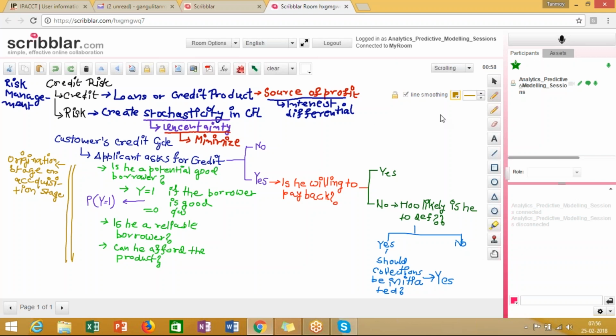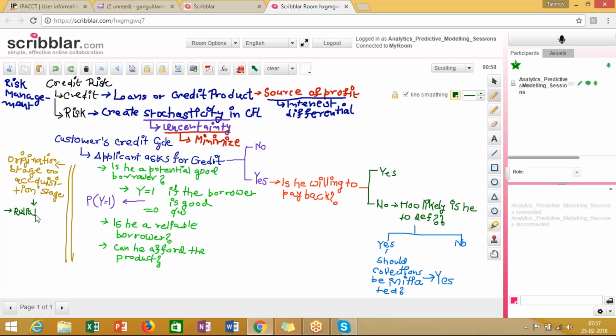At this stage, what a bank looks for are reliability matrices, meaning how reliable the borrower is, and affordability matrices.